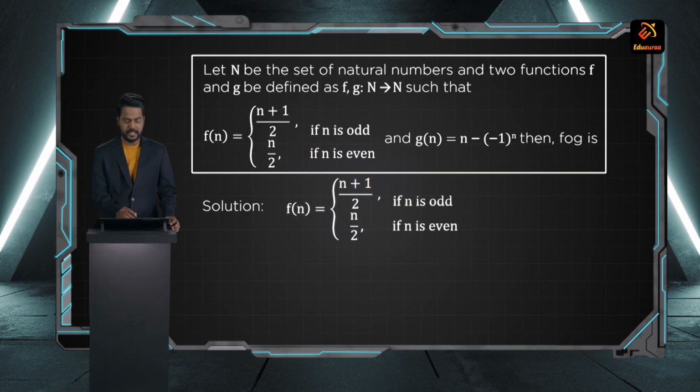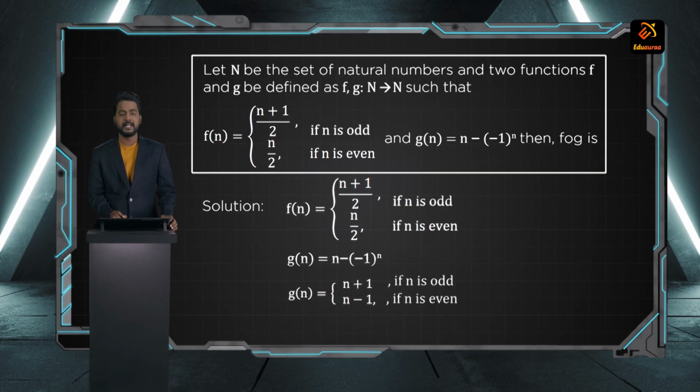Now given function f of n is equal to n plus 1 upon 2 if n is odd, is equal to n by 2 if n is even, and g of n is equal to n minus minus 1 to the power of n. So g of n will be equal to n plus 1 if n is odd, and it will be equal to n minus 1 if n is even. Understood?